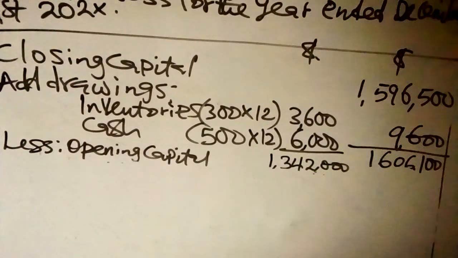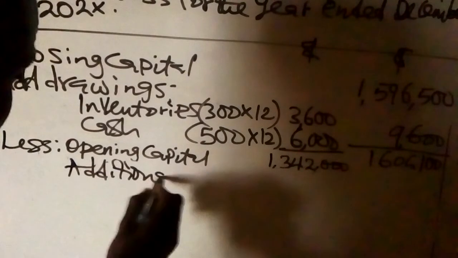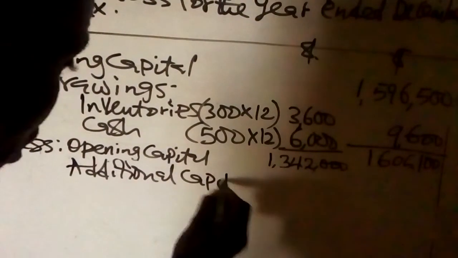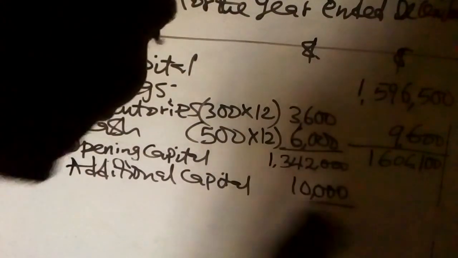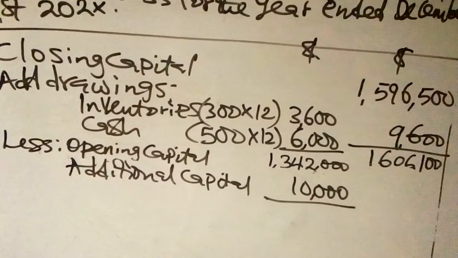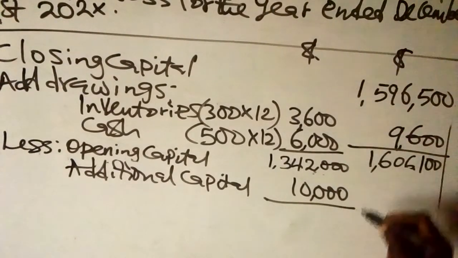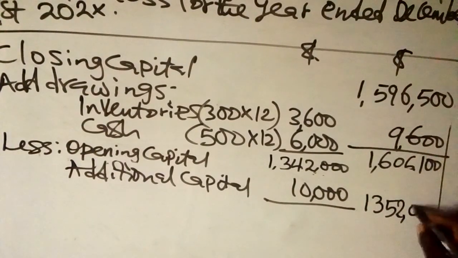If you add the opening capital of 1,342,000 and the additional capital of 10,000, then you have a total of 1,352,000.